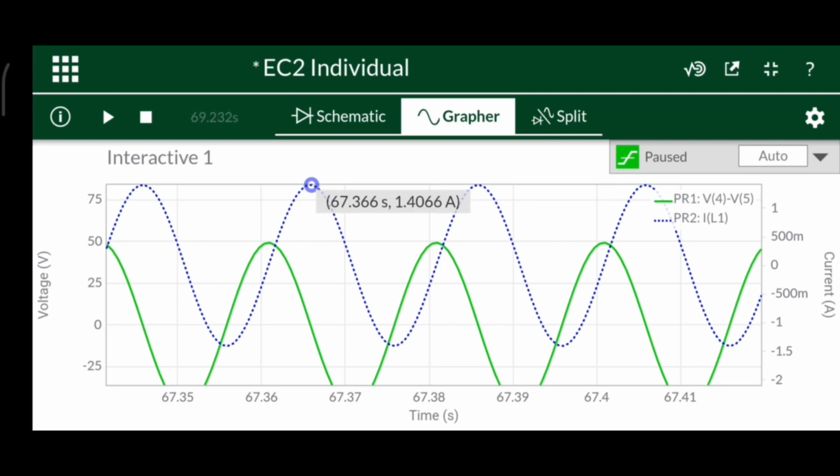As you can see here, the peak value of the current, which is 1.4066 ampere, is the value of the current across the inductor, while the peak value of the green graph, which is 49.387 volt, we denote as the voltage across the inductor. Why do we pick the peak value of the graph? Because it is the maximum value of the voltage and current in a cycle.